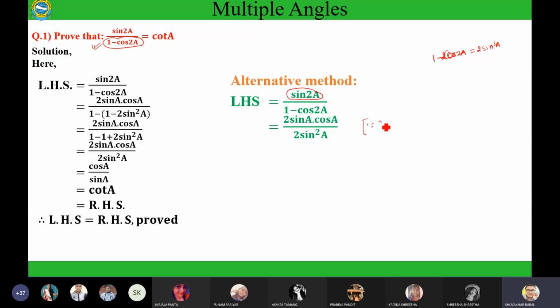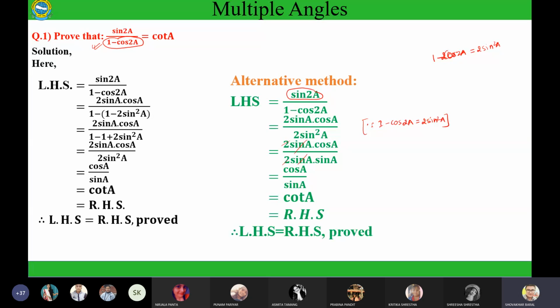Since 1 minus cos 2a is equal to 2 sin square a. Okay, so let's simplify it further. It will be 2 sin a cos a upon 2 sin a sin a. This 2 will be cancelled here, and the remaining term is cos a upon sin a. See here, the steps have reduced significantly, so this will be the easier process to solve. Therefore LHS is equal to RHS, proved.